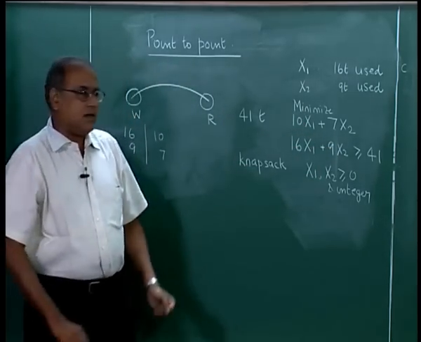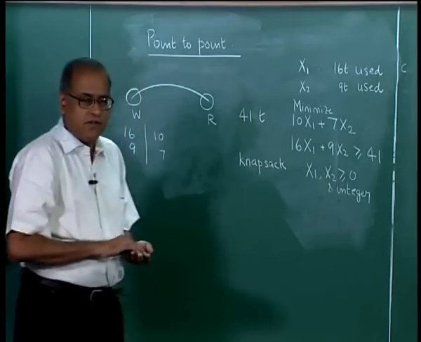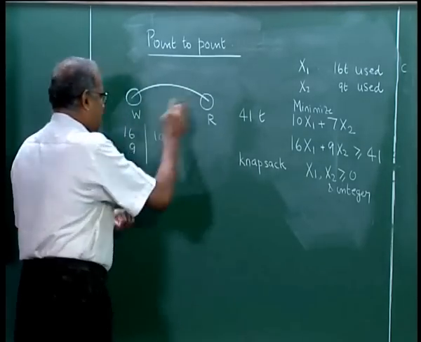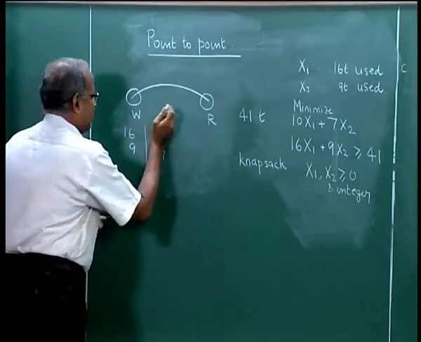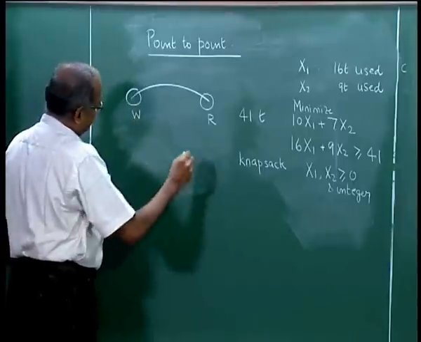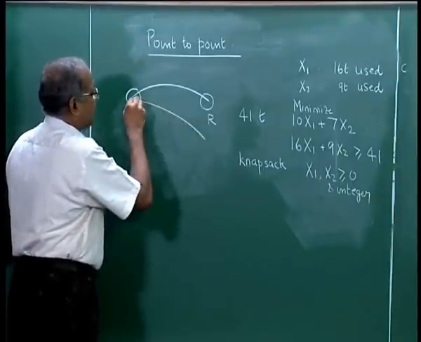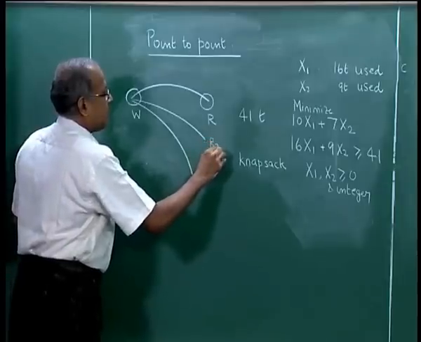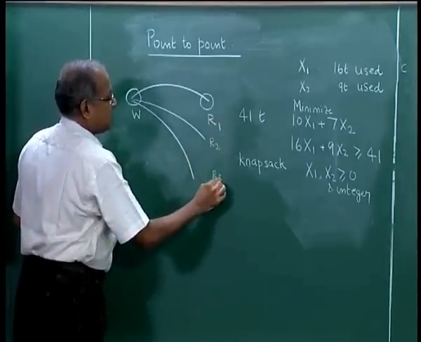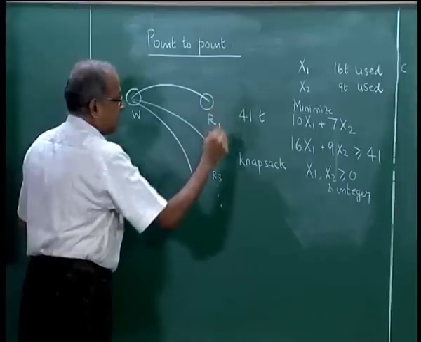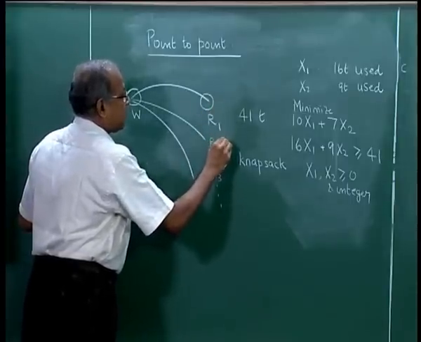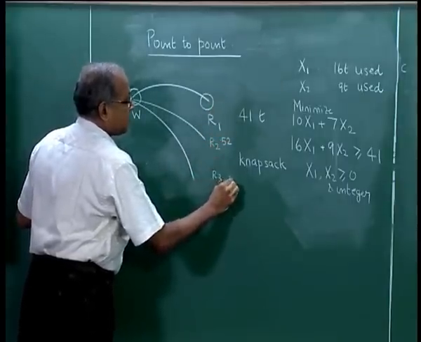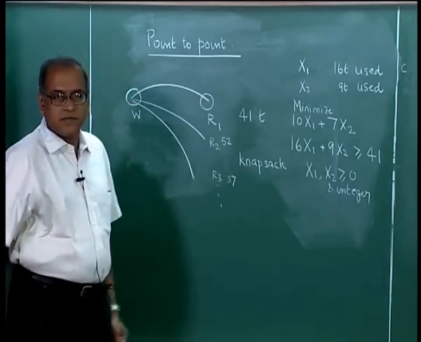This version of the knapsack is a minimization problem with a single constraint which is greater than or equal to type. The same problem can become a little different if we have different warehouses and different retailers, or if we have one warehouse and multiple retailers, R1, R2, R3 and so on. This person may require 41, this person may require 52, this person may require 37 and so on.